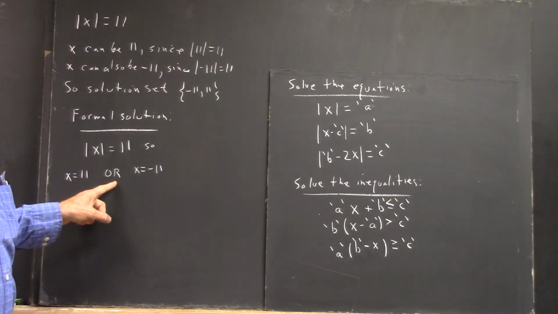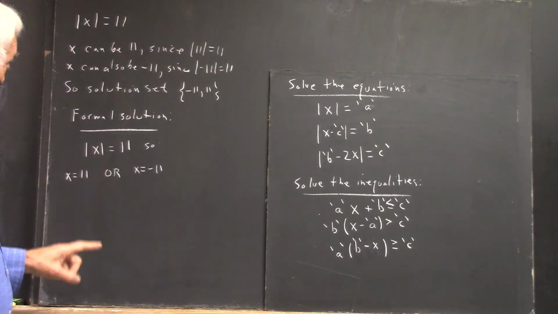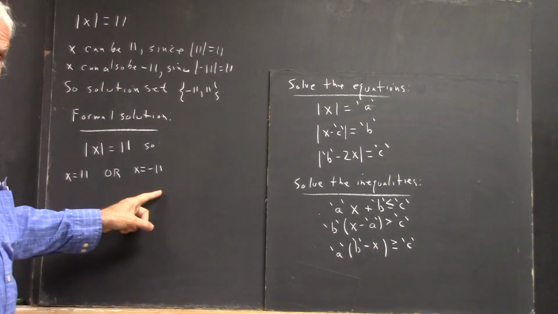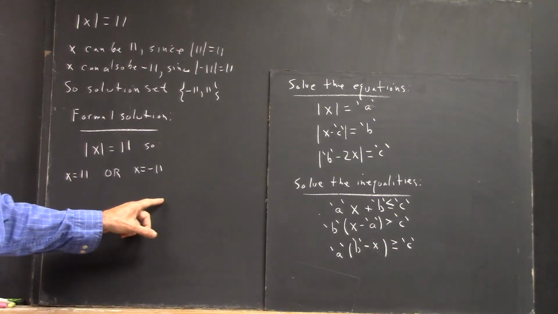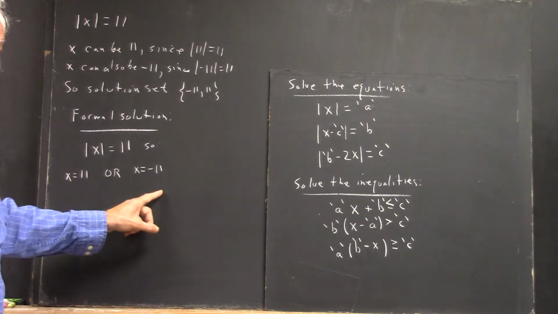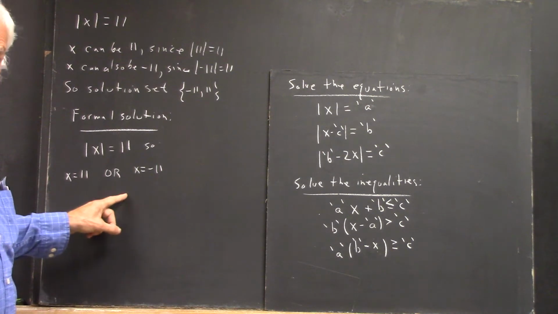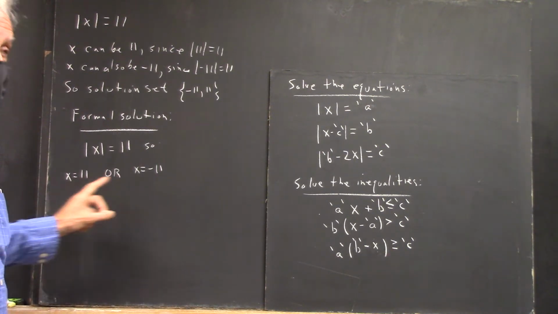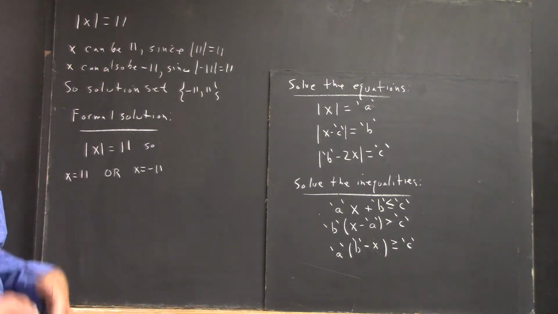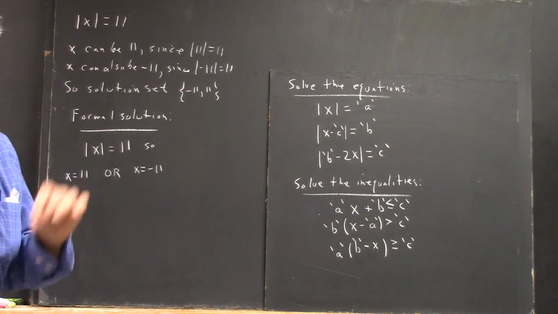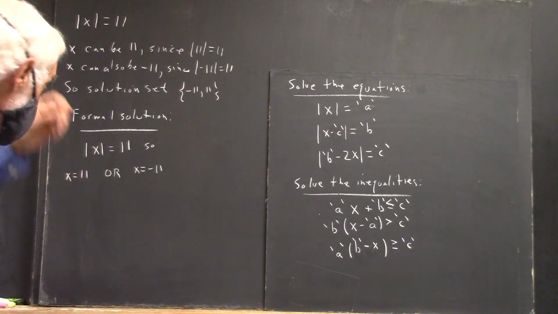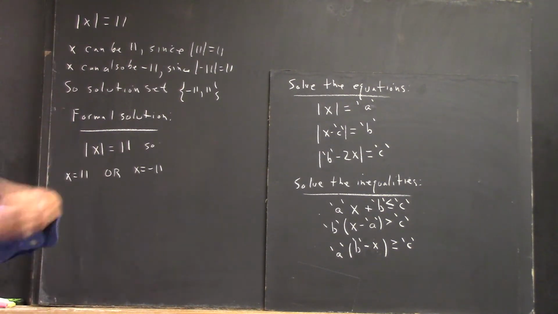When you get to absolute value inequalities, you've got to realize that it could be this or it could be this. It can't be this and this, because if it's this, it's not this, and if it's this, it's not this. It's an or. Could be one or the other, but x can't have both values at the same time. One value or the other. Kind of important to get that or there for things you're going to do in the future.